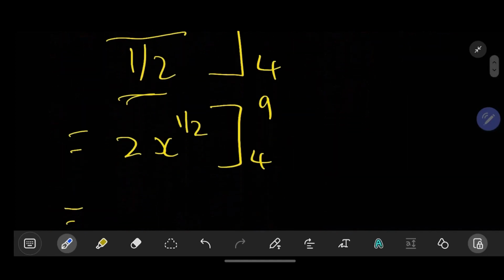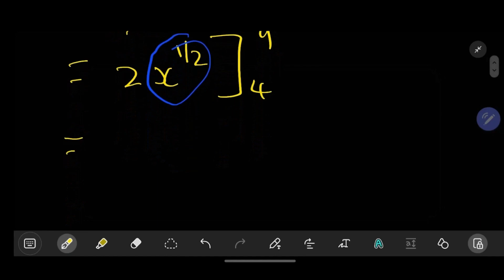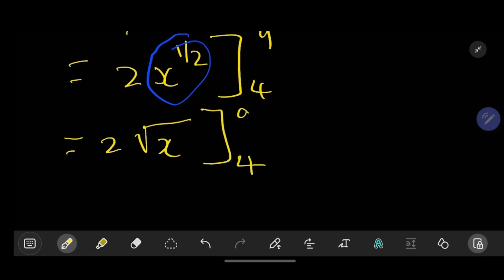Now here we have x raised to the half, so if you guessed it, we can rewrite this as 2 root x, and we're evaluating it from 4 to 9.